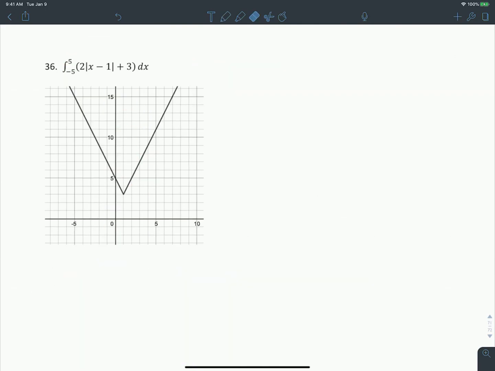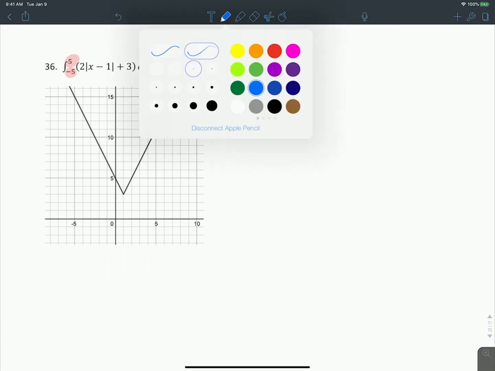The last question. Number 36. We're going to integrate from negative 5 to positive 5.